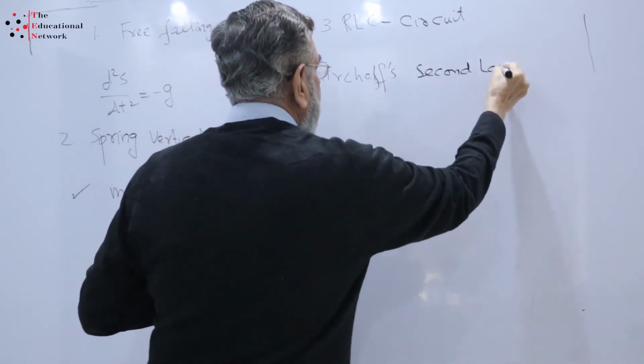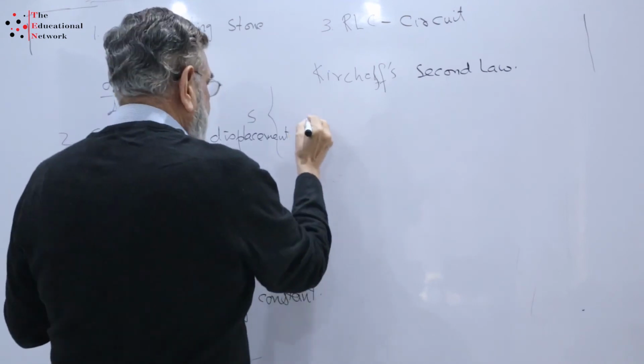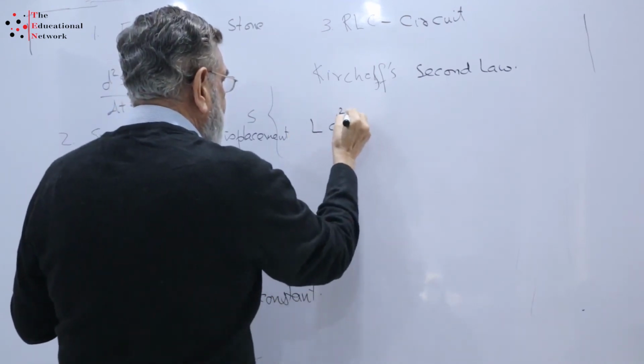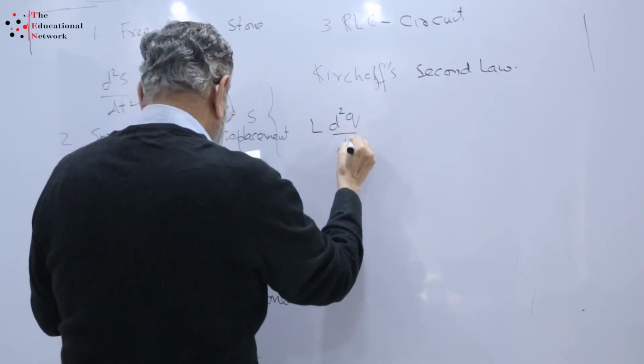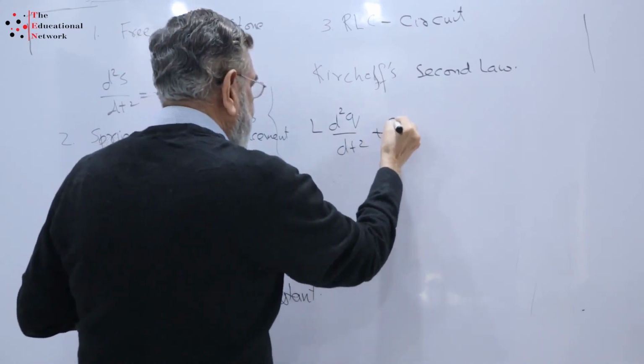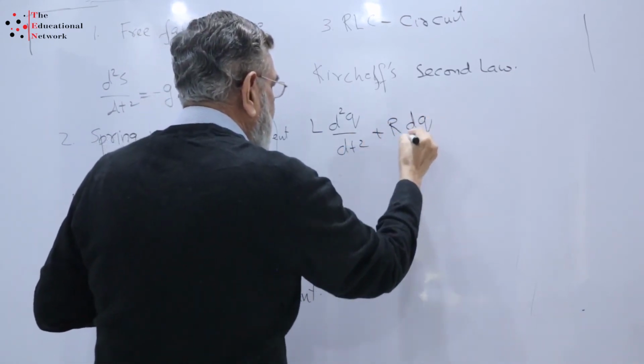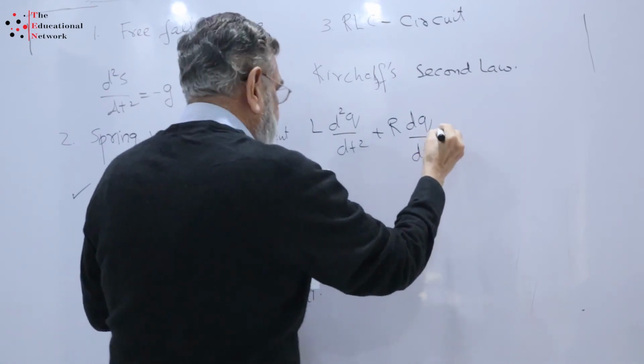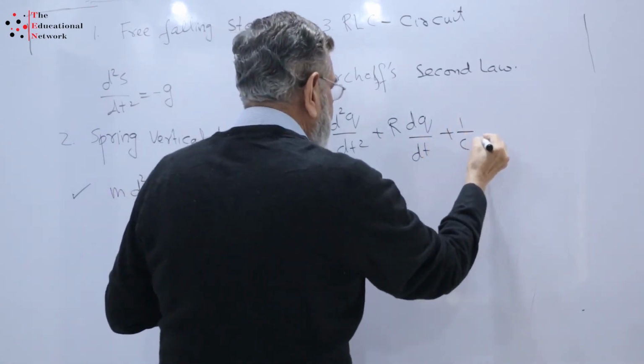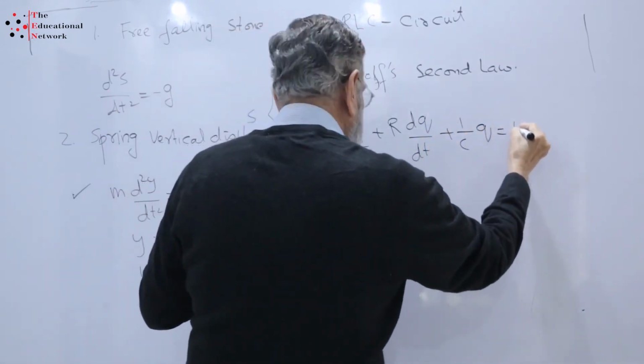Using this law, we can write the equation: L d2q by dt square plus R dq by dt plus 1 upon C times q is equal to E.